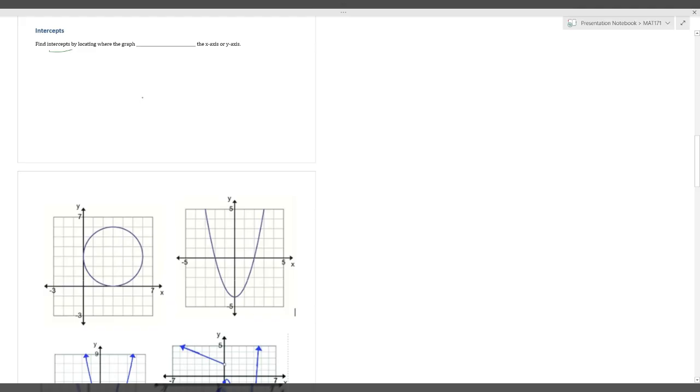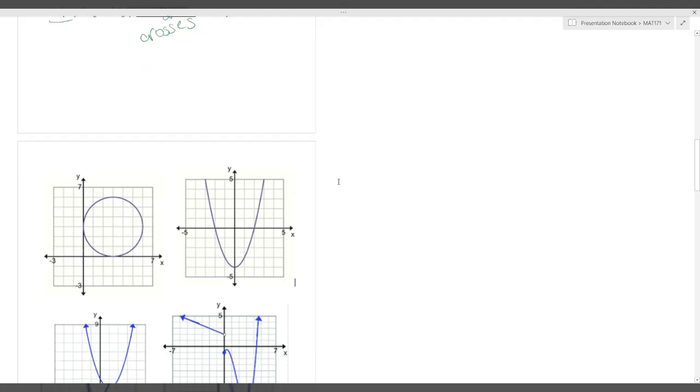We grab it from its original trajectory. So intercepts are where the graph touches or crosses either of the axes.